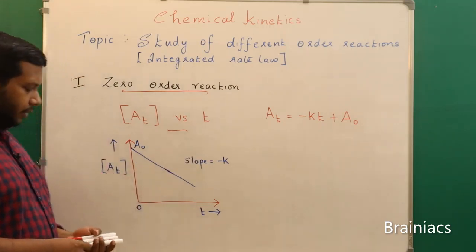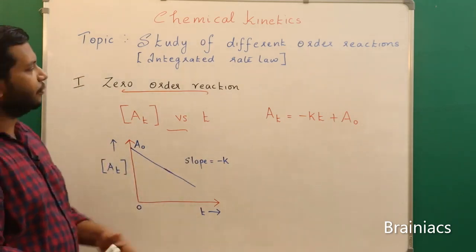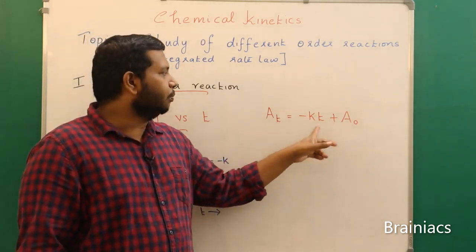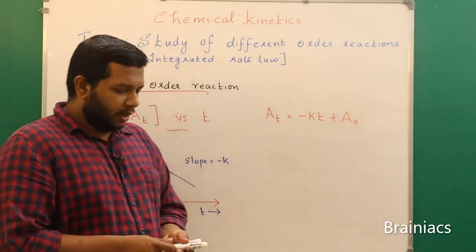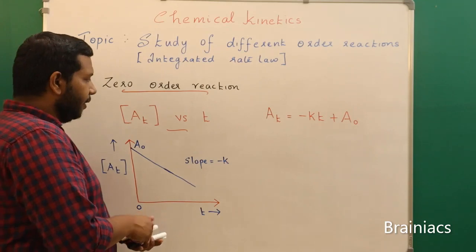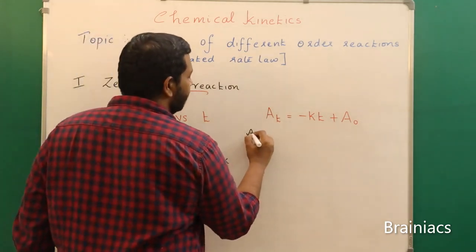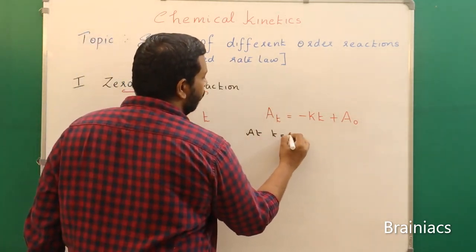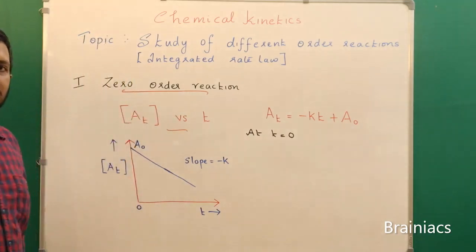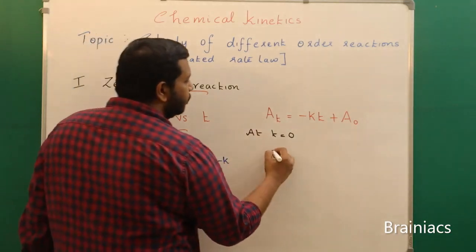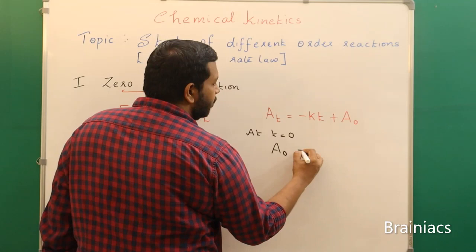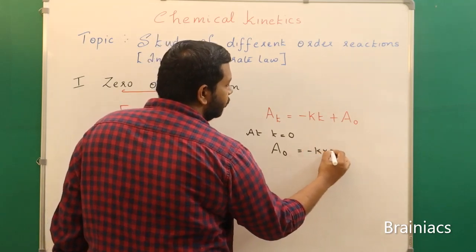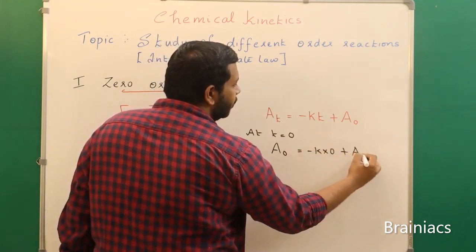Okay. Now if you see the graph, we can draw the graph from this equation: a of t is equal to minus kt plus a of 0. Now in this equation, if I put time t equal to 0, that is initially, this will become a of 0. This is equal to minus k into 0 plus a of 0.